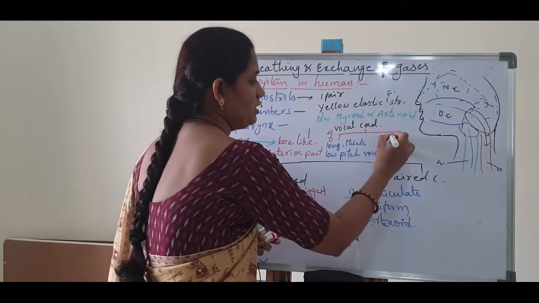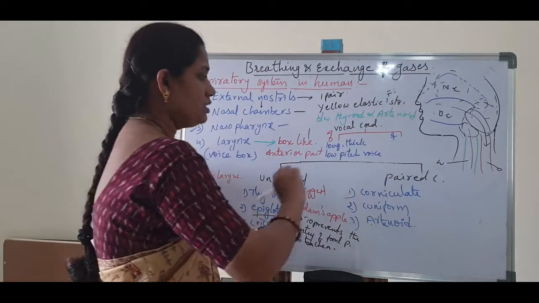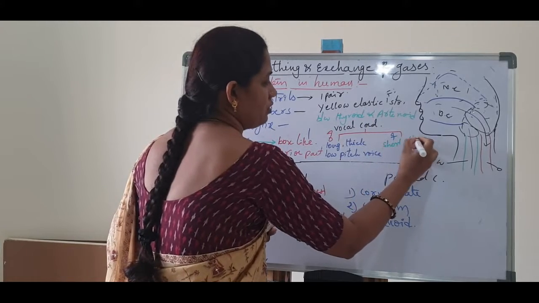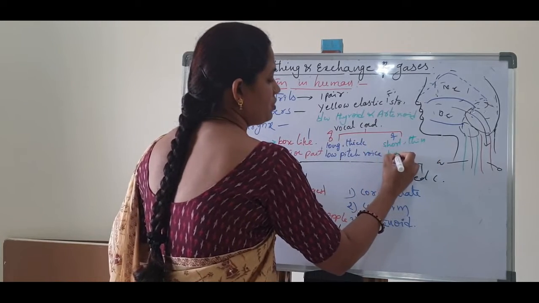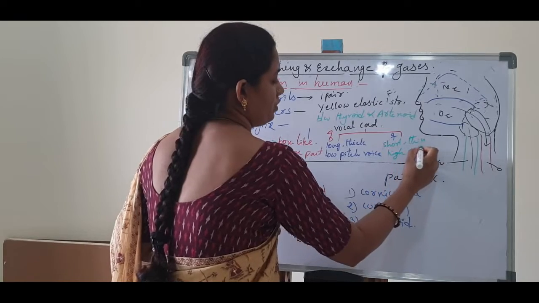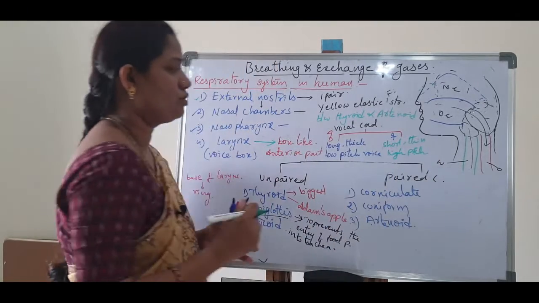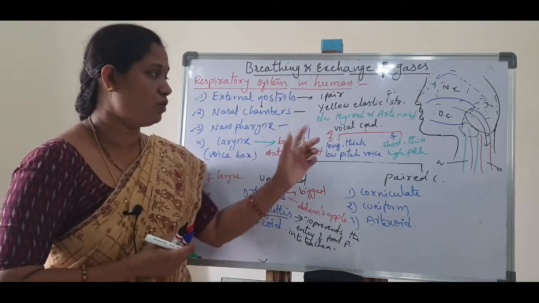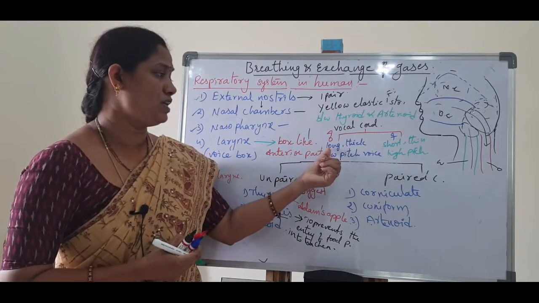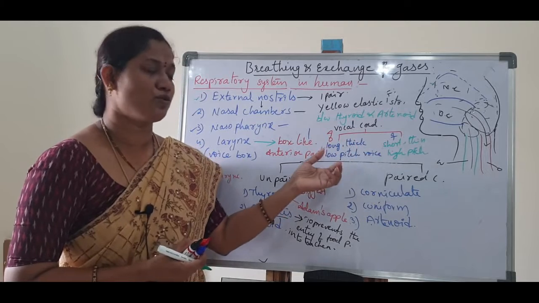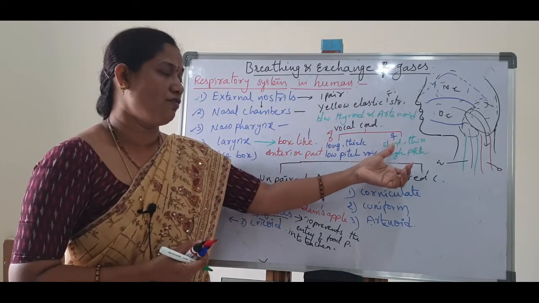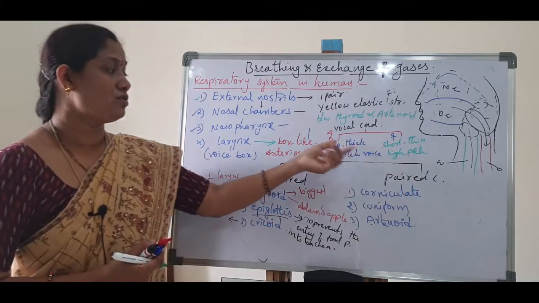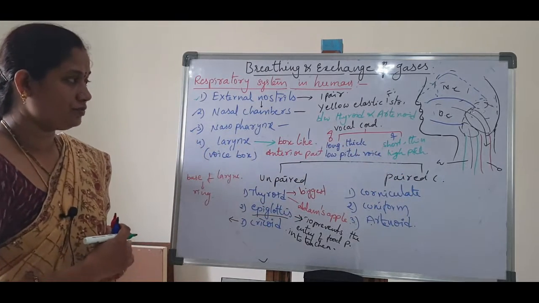In females, they are short and thin, so they produce a high pitch voice. So these are the vocal cords.